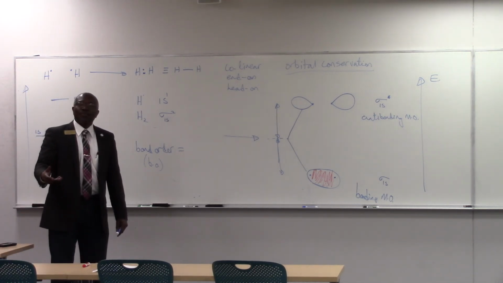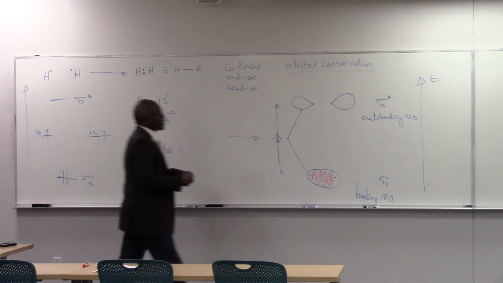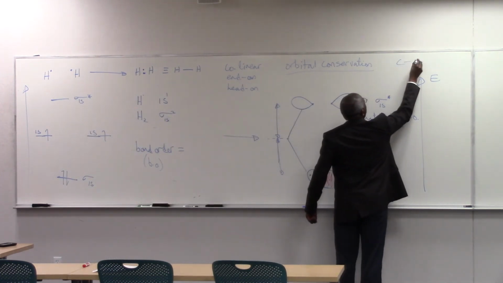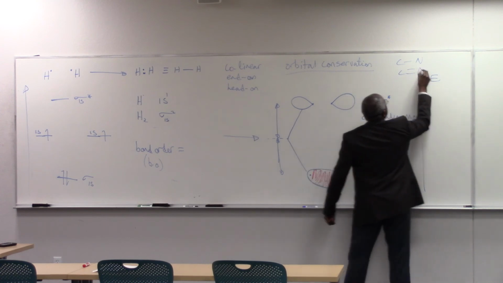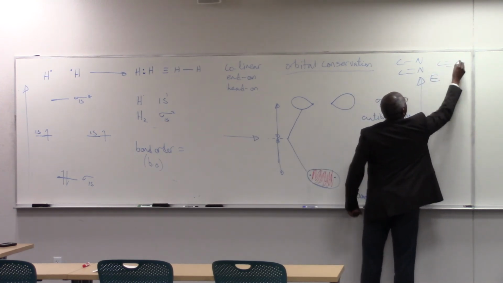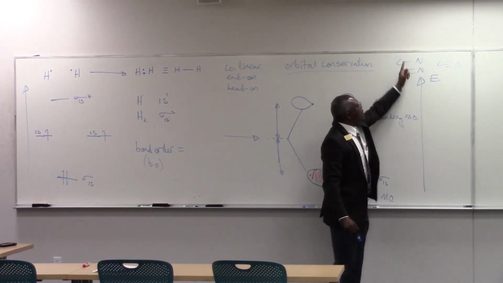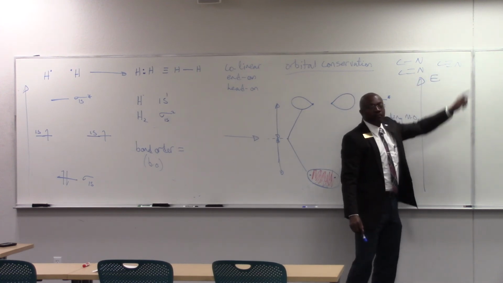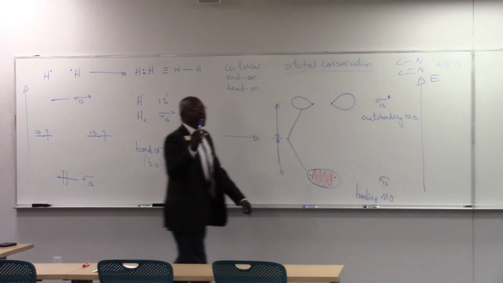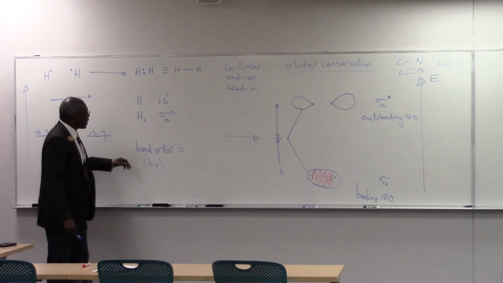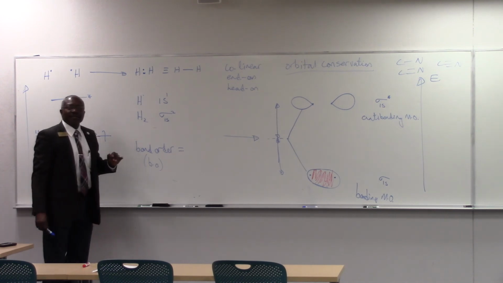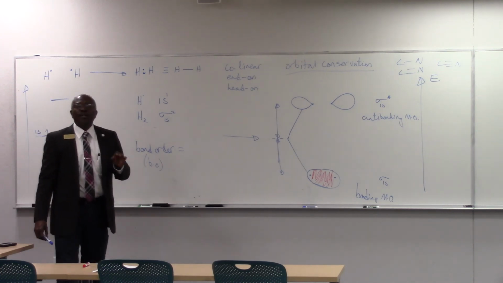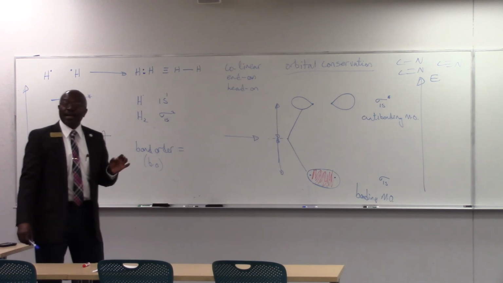How do I calculate bond order? Well, if I tell you it's a C-N bond, or C double bond N, or C triple bond N, well, that's pretty easy. Bond order 1, bond order 2, bond order 3. But you know how we get that? We're going to ask, how many bonding pairs of electrons do I have?